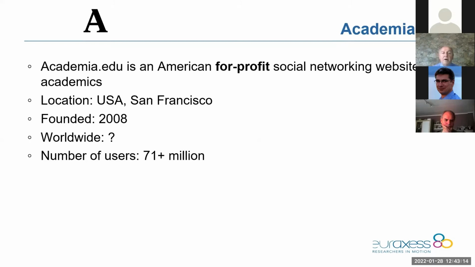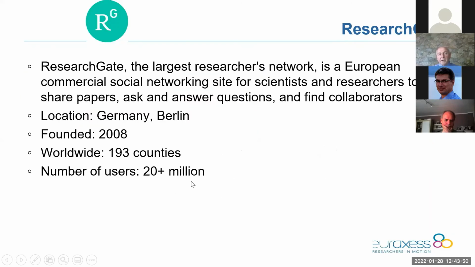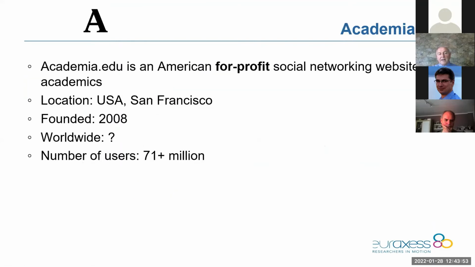But for now, you will not need this. Academia has a little bit more subscribers. It's 71 million, but it is a historical figure, because most of them are now not using Academia, whereas ResearchGate publishes only the number of active users. So this figure of 20+ million is a real one, while this one is a cumulative figure.